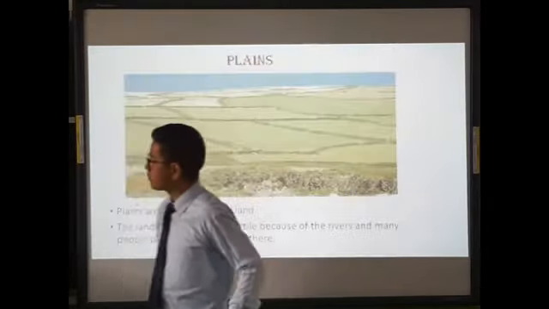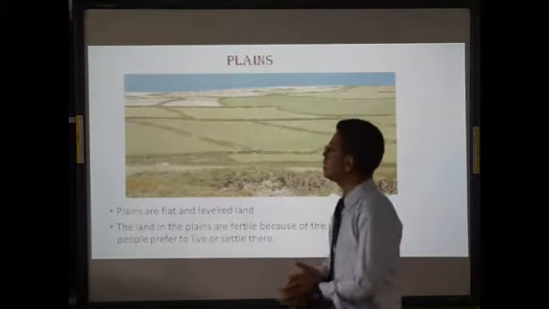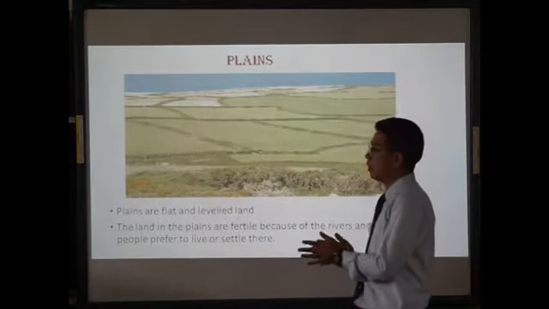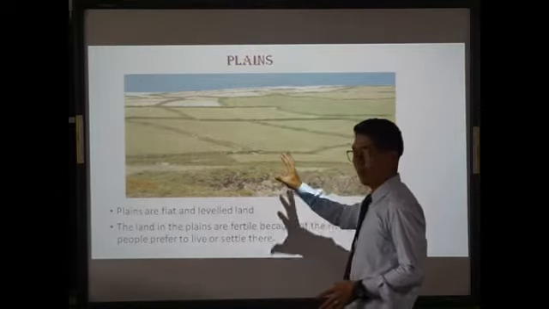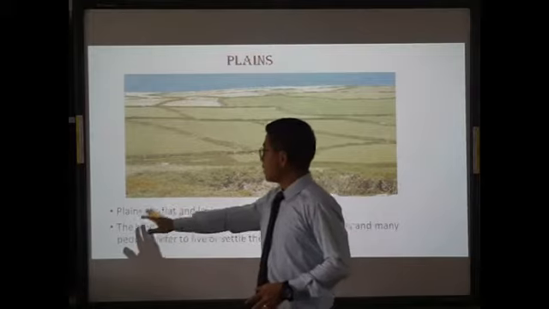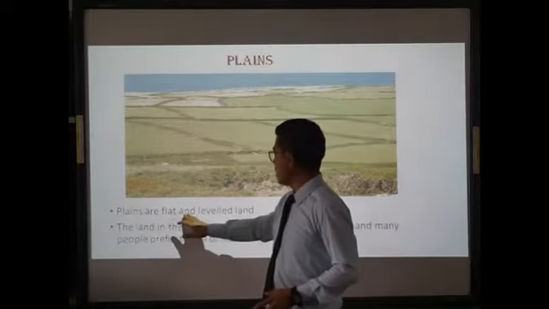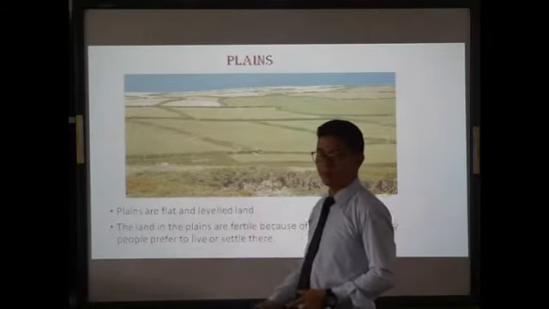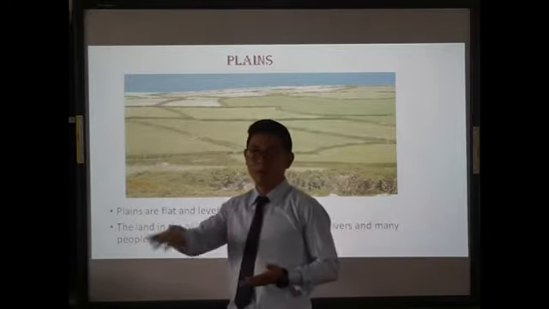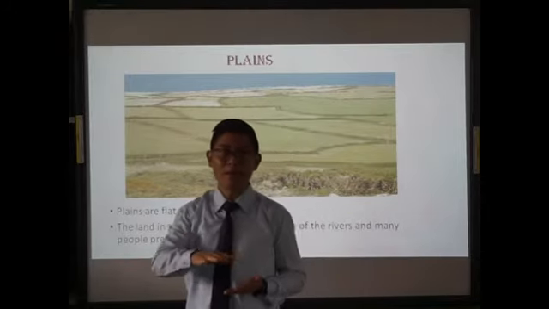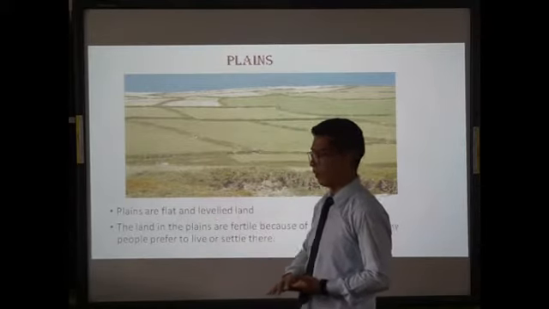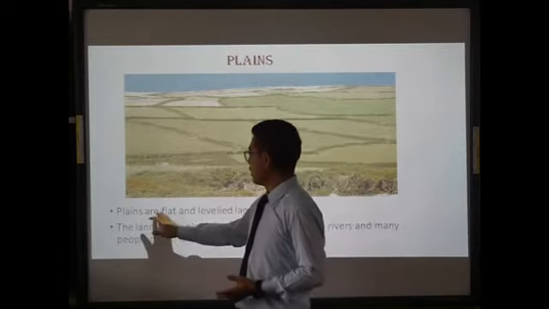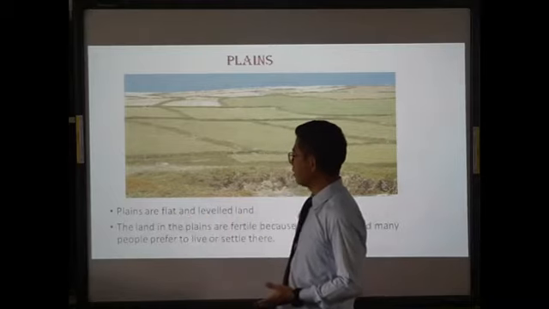Now let's see the next landform, plains. Here is a picture of plains. Plains are flat and level lands. Level means that in all parts the height of the area is the same.